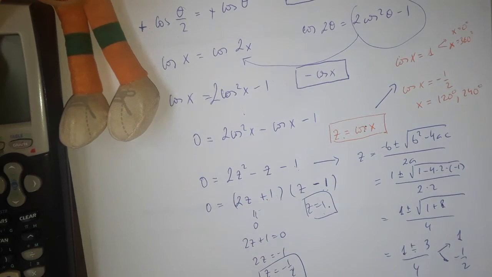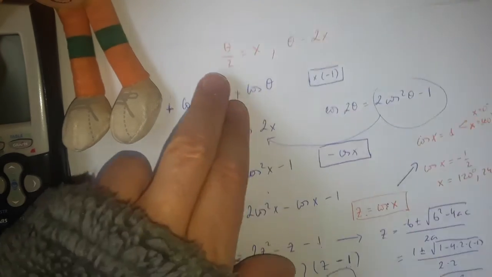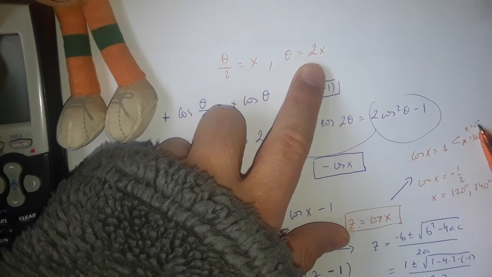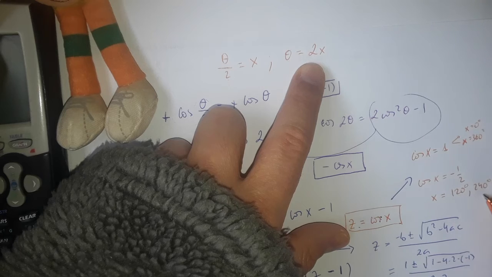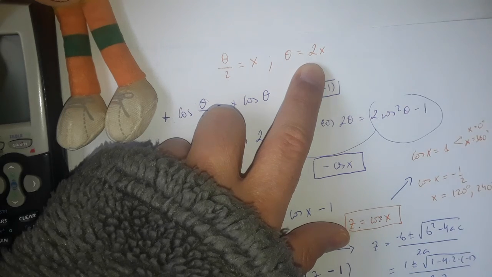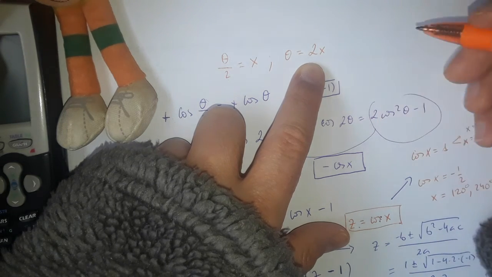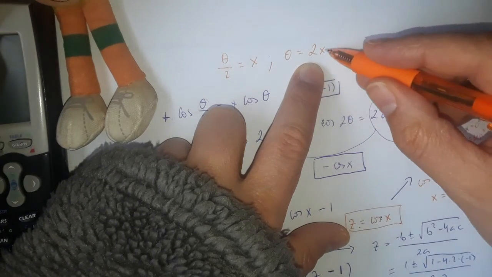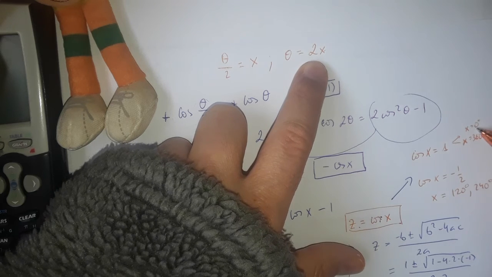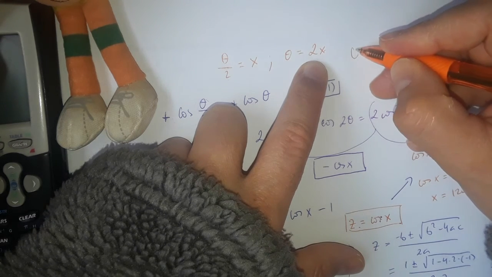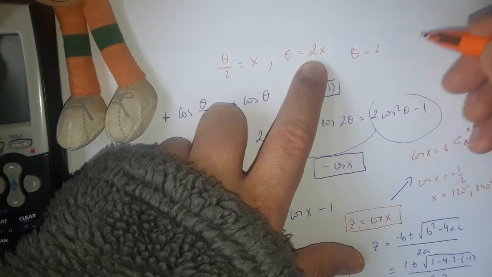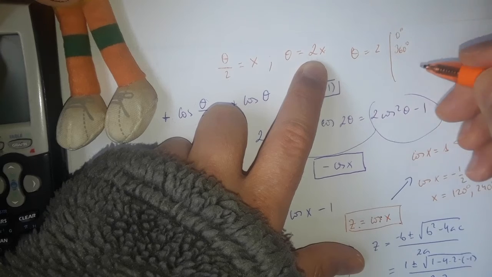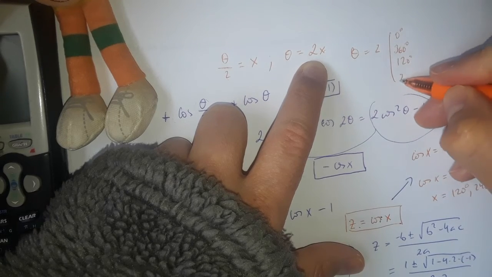Are we done? No, we are not. Now we have to go back to see how much is theta, knowing that x can be 0, 360, 120, and 240. So we're going to go here, and we're going to just substitute, okay? So actually, we're doubling all these values. We're multiplying times 2 the 0, the 360, the 120, and the 240.